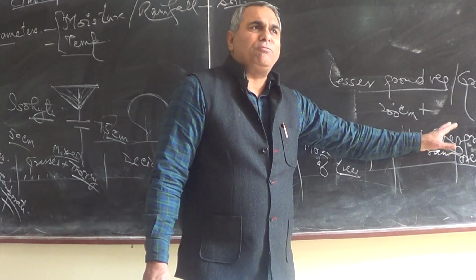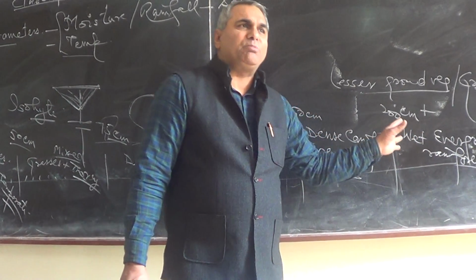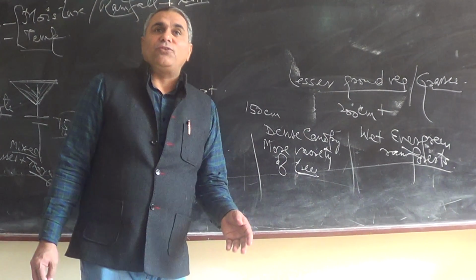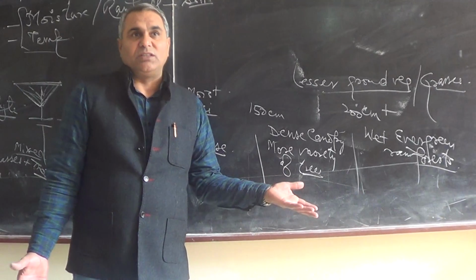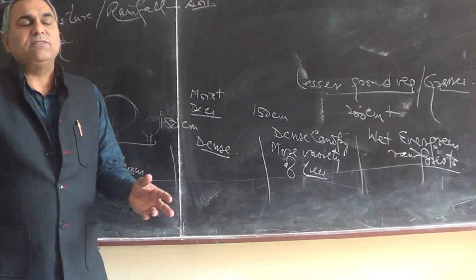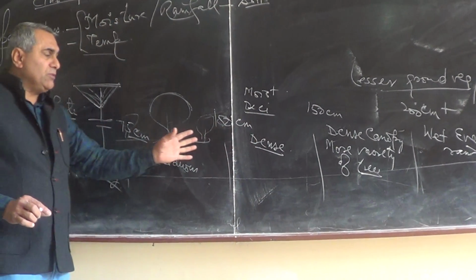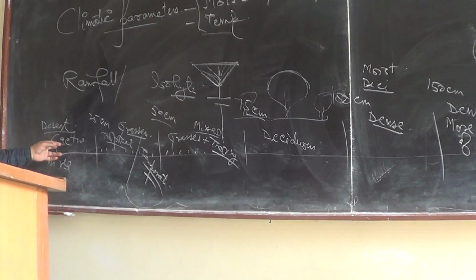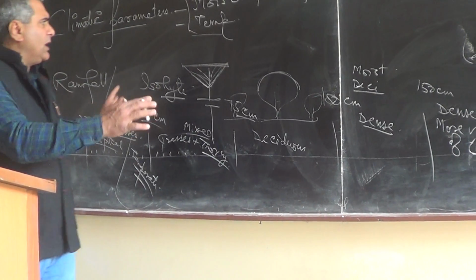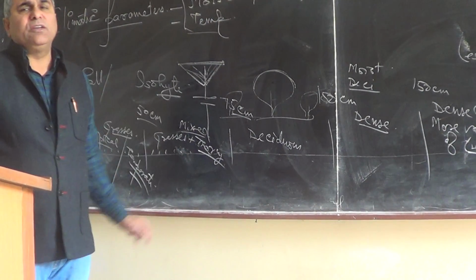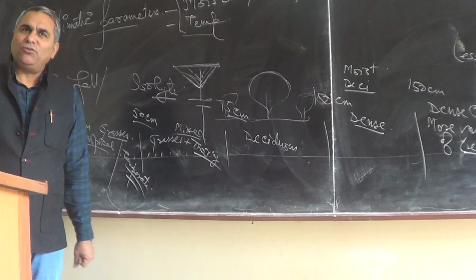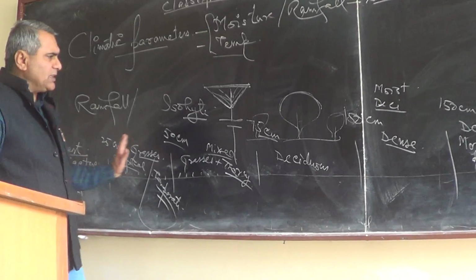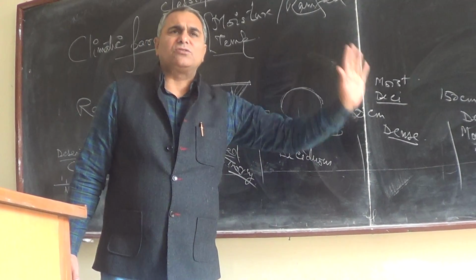The more the rainfall, the higher the temperature, we have the maximum biodiversity. So equatorial rainforest have the maximum biodiversity in the world. Near the equator we have the maximum biodiversity. When we move away from the equator, the amount of rainfall decreases, the diversity also decreases. So this is one simple relationship of how the rainfall influences. The temperature also influences. This is only the parameter: with increasing amount of rainfall, nature of vegetation also changes.